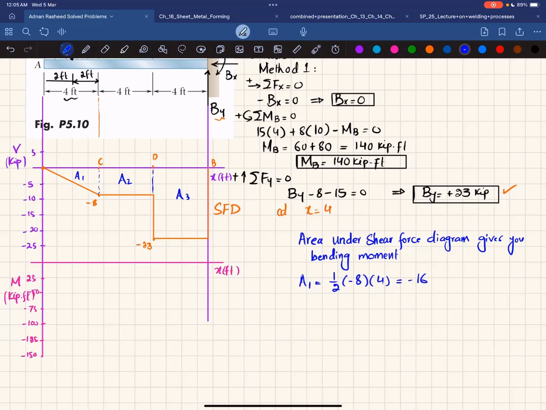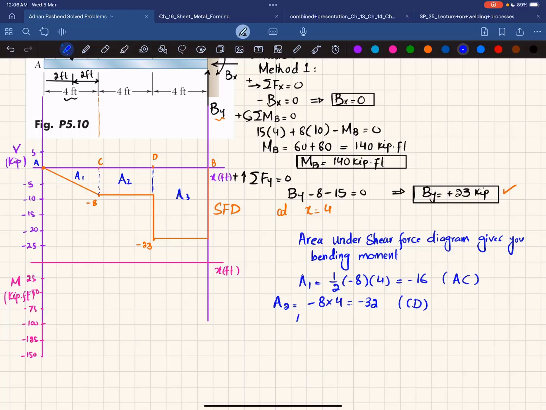Okay. This is area for region A to C. This is your point A. Now we will find A2. You can see this is a rectangle. So height is minus 8 and width is 4 feet. So minus 8 multiplied by 4 is equal to minus 32. And this is for region C to D.